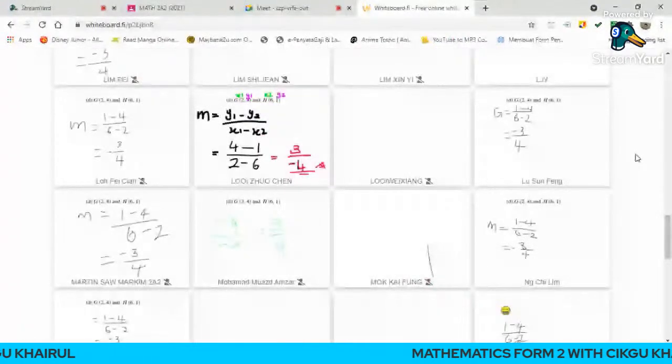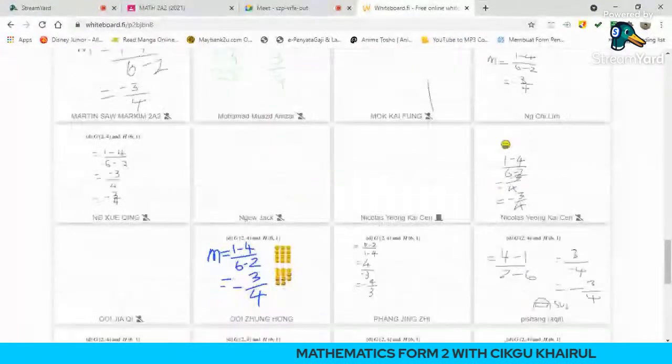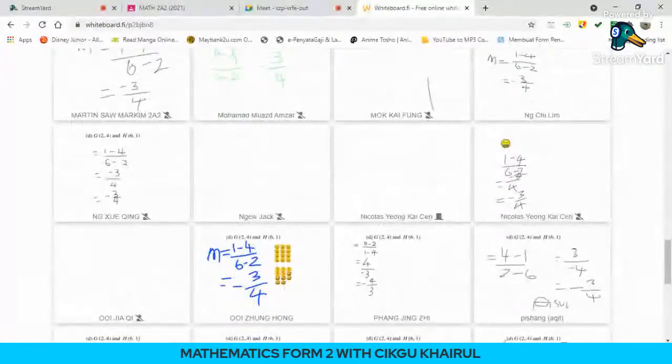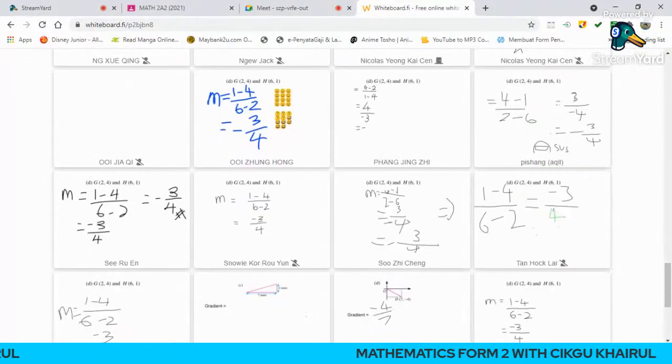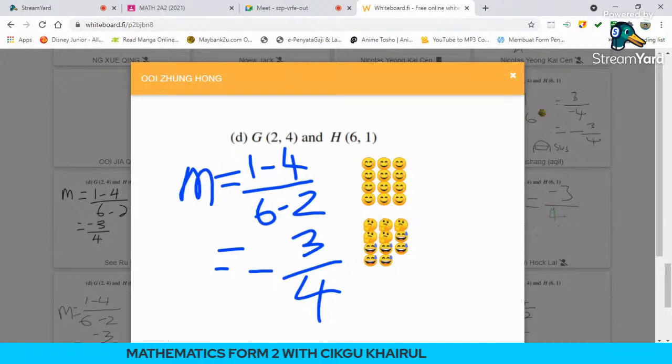Who else? Muhammad Muaz. Okay, very good. Green color, that one. Negative 3 over 4. Correct. Very good. Shui Qing also very good. Actually, most of you, okay, Ui Zhong Hong. Very good. Lot of smiley face. Okay, correct.